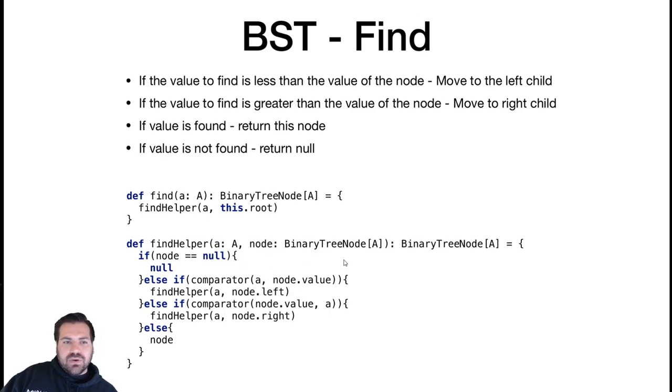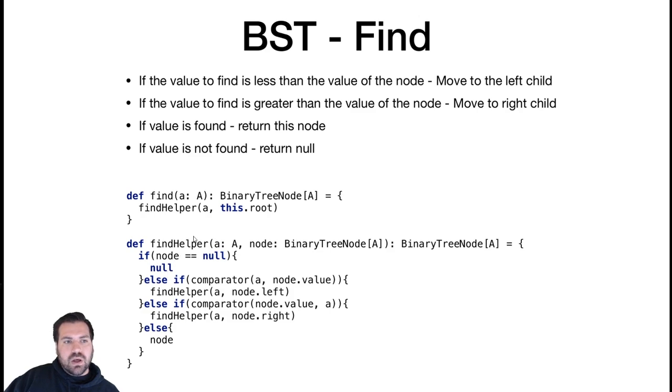So the find helper, this is what's going to do the real work. This is what's really implementing the algorithm. And we have two base cases here. If the node we're looking at is null, so we navigated our way to a leaf, well, not necessarily a leaf, but to a null node, then we haven't found what we're looking for.